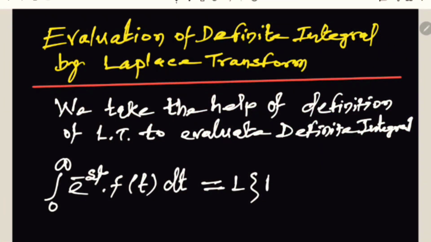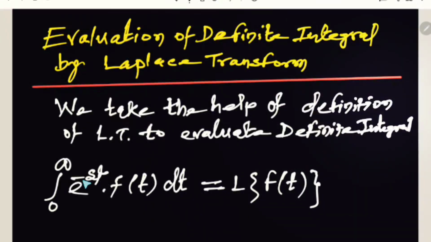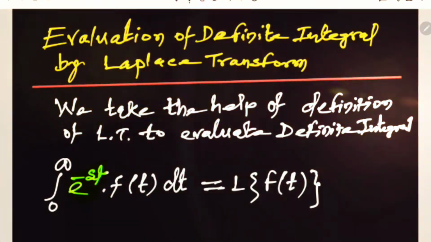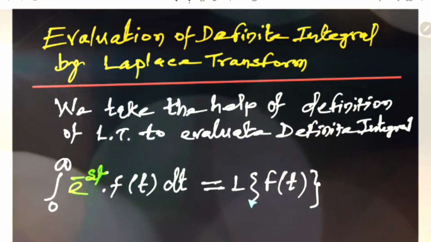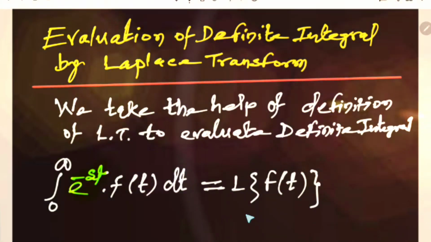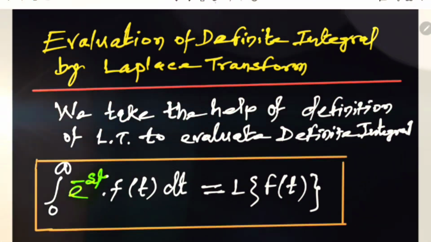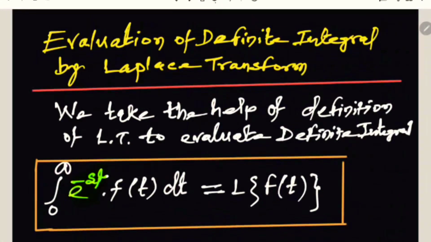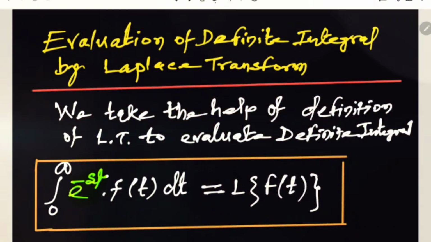Therefore, that term e raised to minus st is important, and the limit must be 0 to infinity. If such a type of definite integral is there, we can easily convert it in terms of Laplace to find the value of that definite integral. I am going to explain by some simple examples.